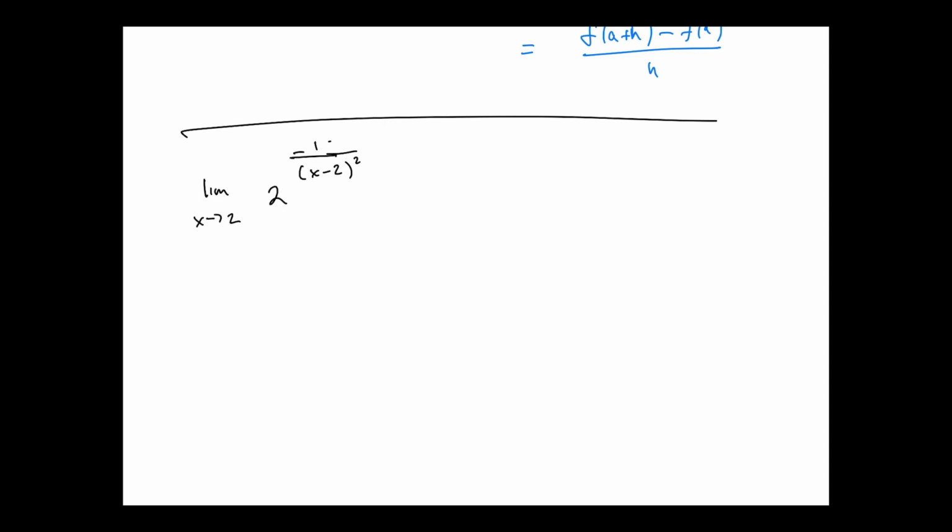Now based on our number crunching, this isn't proof, but this is sort of conjecture. What do we think that this limit should be? 0.